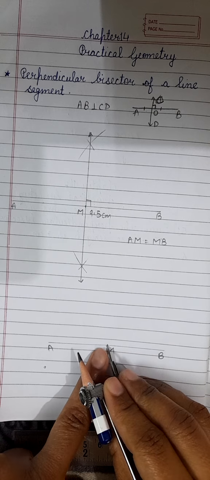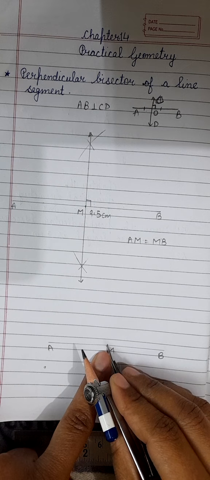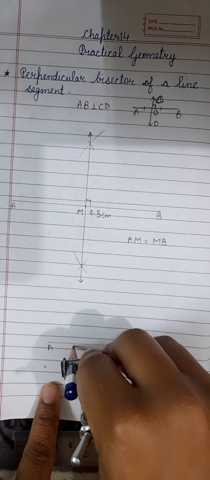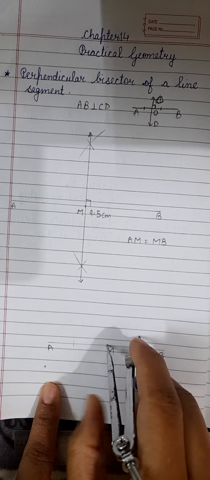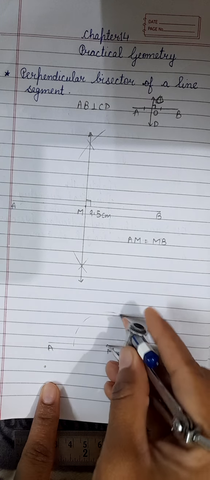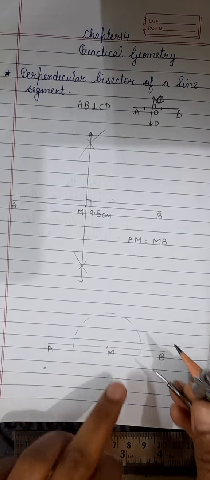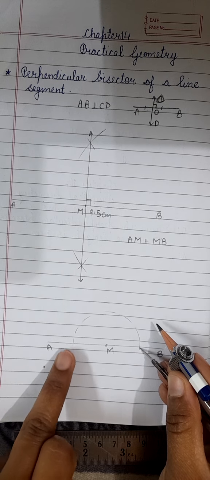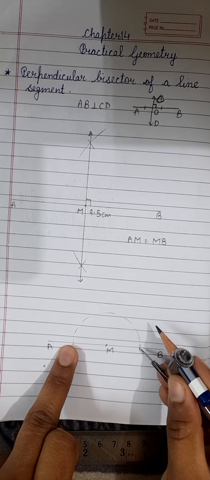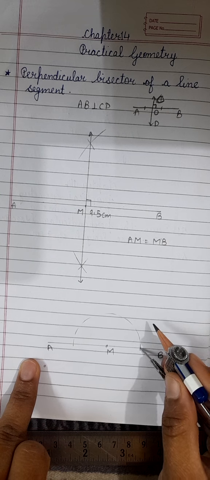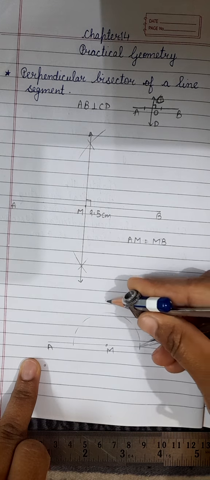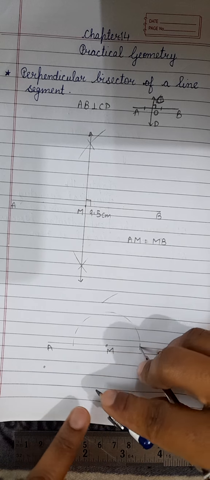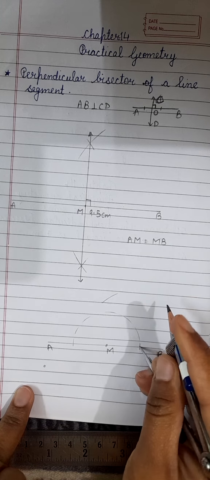We will put the tip of the compass at M and we will mark two arcs on this line. You can complete the circle also, that's your wish. Now wherever the arcs cut the line segment, from those cutting points we will open the compass a little bit more, and you can mark arcs downside also, upside also, that's your wish.